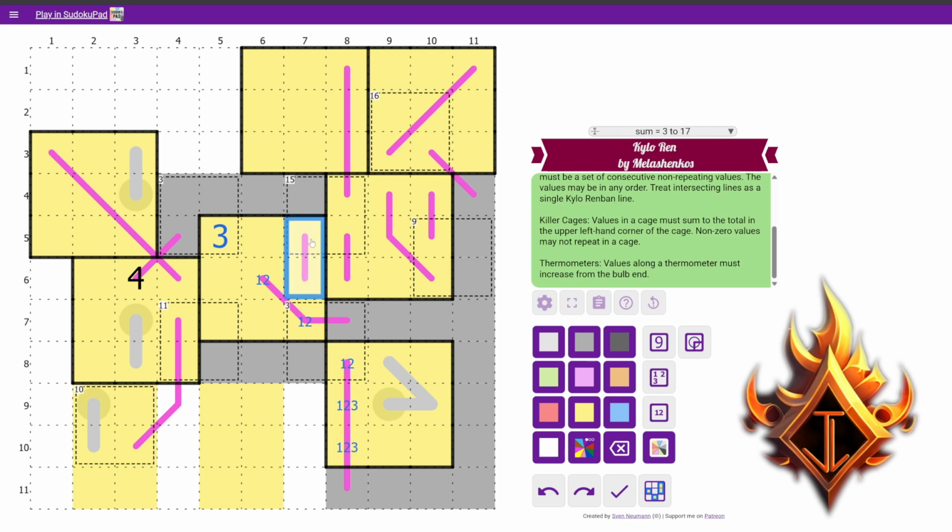This was 4, 5. That's just any number. This is any number above 4. Okay, so is that.